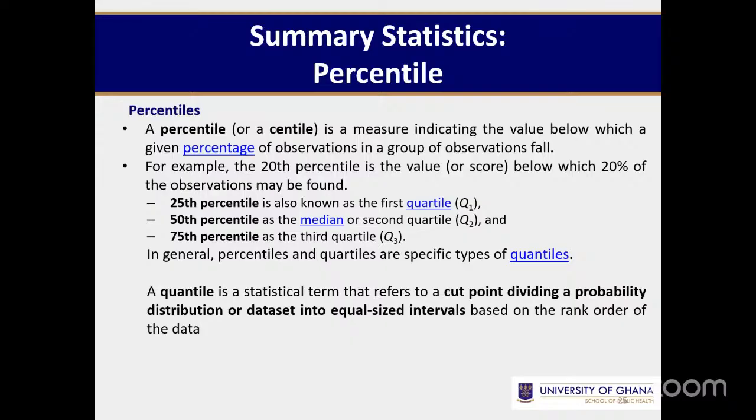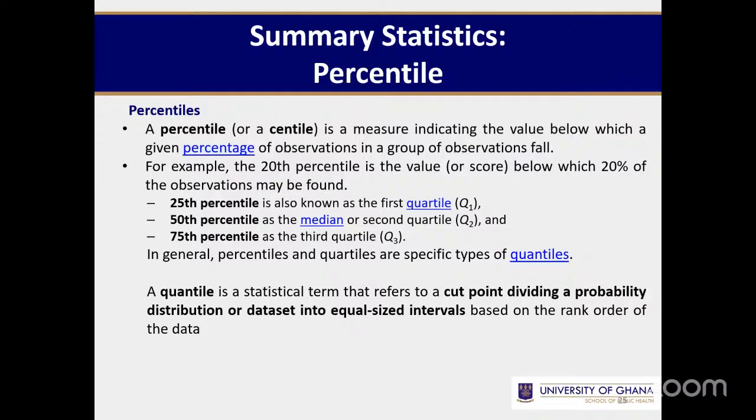And of course, the median is the second quarter. And the 75th percentile is also known as the third quarter. The difference between quarter 3 and quarter 1 is what we refer to as the interquartile range.